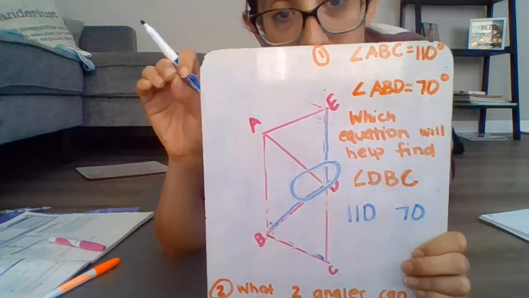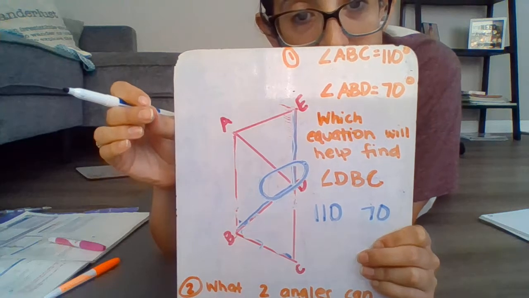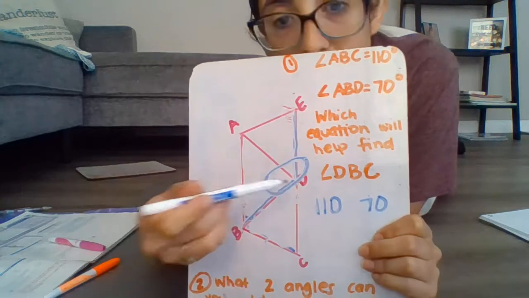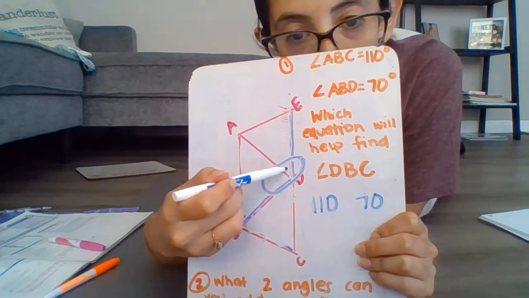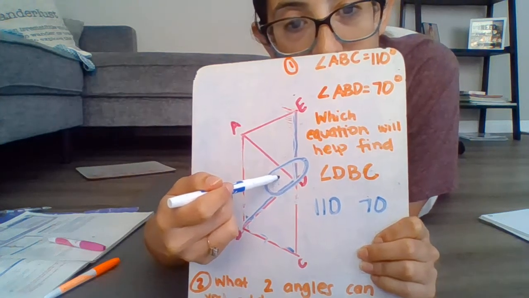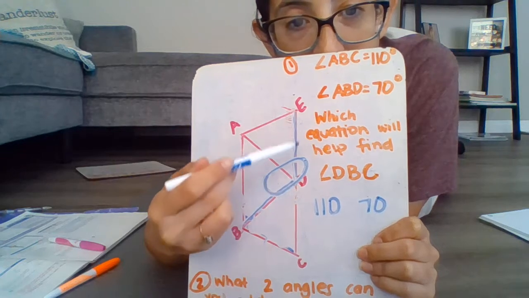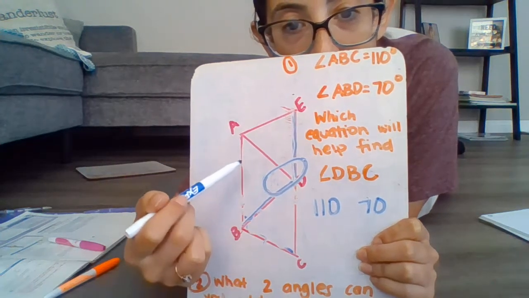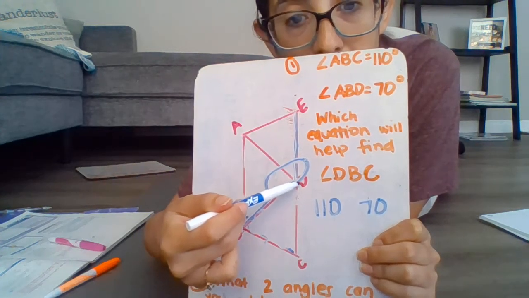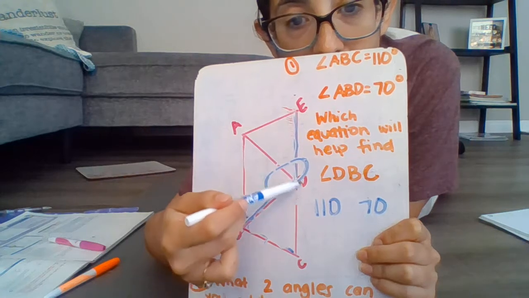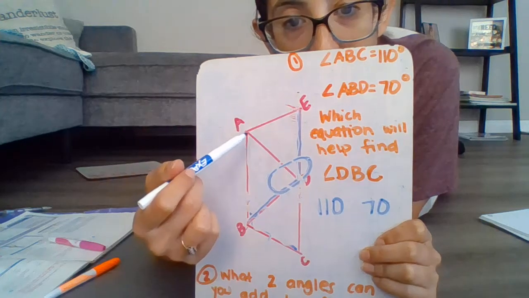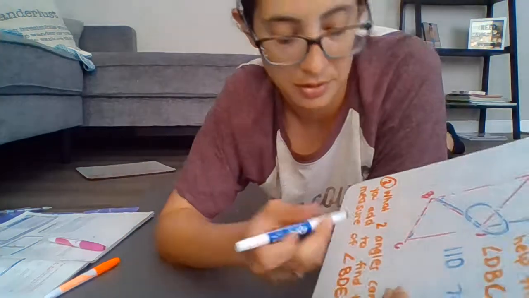Okay. So, what two angles? Remember, the middle letter is your vertex. So some of you might say, oh, I see this angle right here, this angle, and this angle right here. Those are the two that I need to add. But be careful, because I can already see some of you going, D, E, A, and then A, B, C. Remember, the middle letter has to be the angle point, the vertex. So the letter is D. So you can say angle ADE.